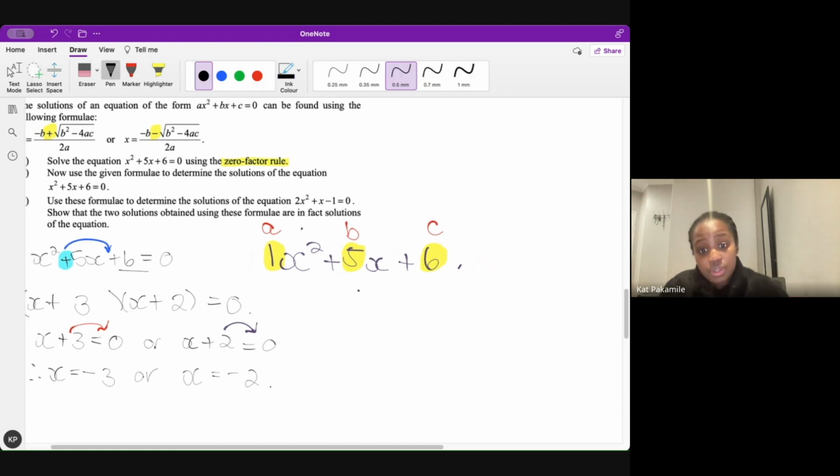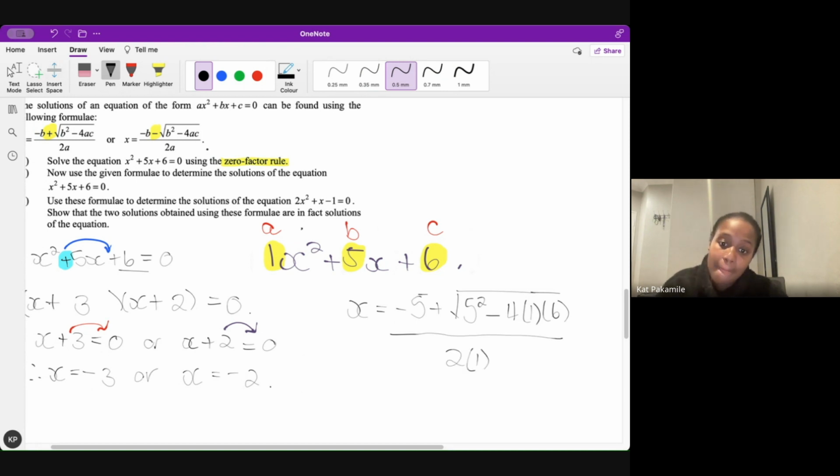Okay, so let's do the first one. x is equal to negative B. B is 5, right? So that's negative 5 plus the square root of B squared, so 5 squared, minus 4 times 1 times 6, because it's 4AC, all divided by 2 times 1, which is A.